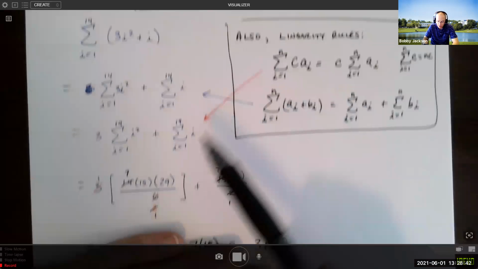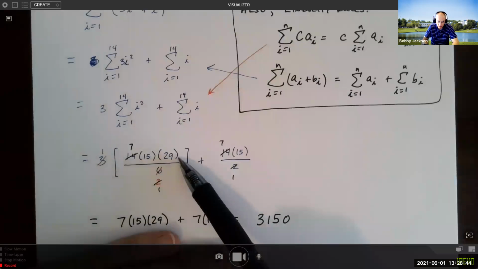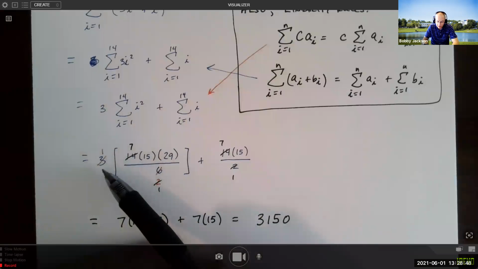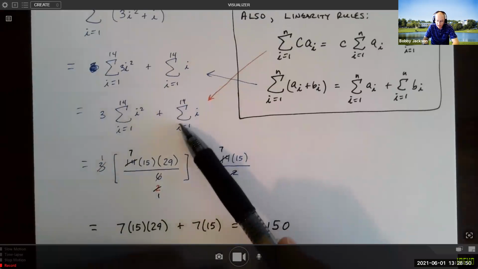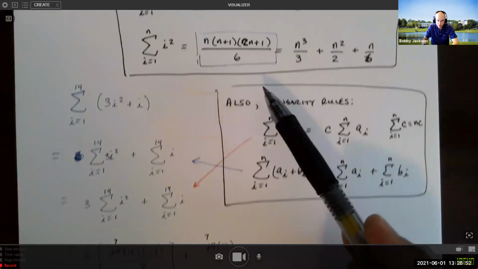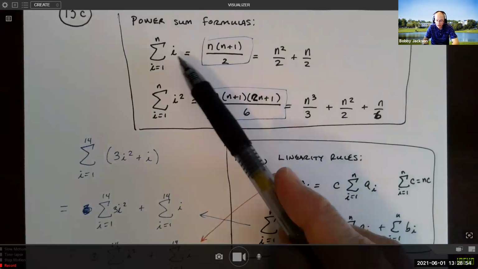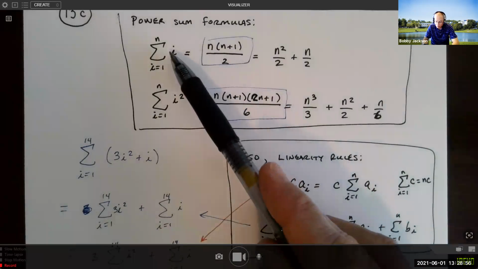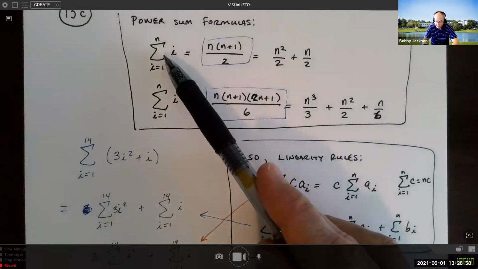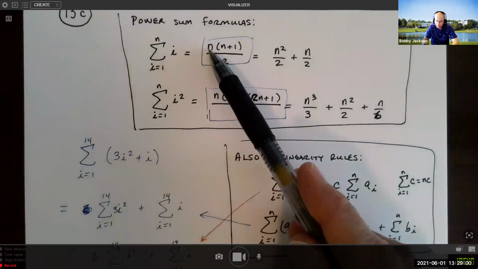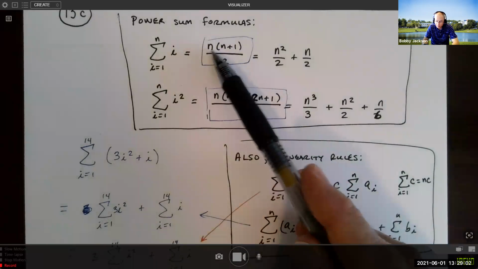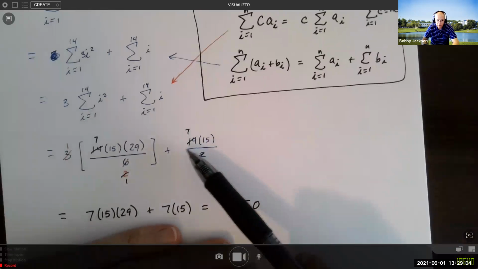And that's what I have here, 14 times 15 times 29 before I simplify, all divided by 6. So don't forget the 3 out here. And then the summation i equals 1 to 14 of i, well, I'm going to use this one up here, and I'm just going to replace n with 14, right? So 14 plus 1 is 15, so 14 times 15 divided by 2.